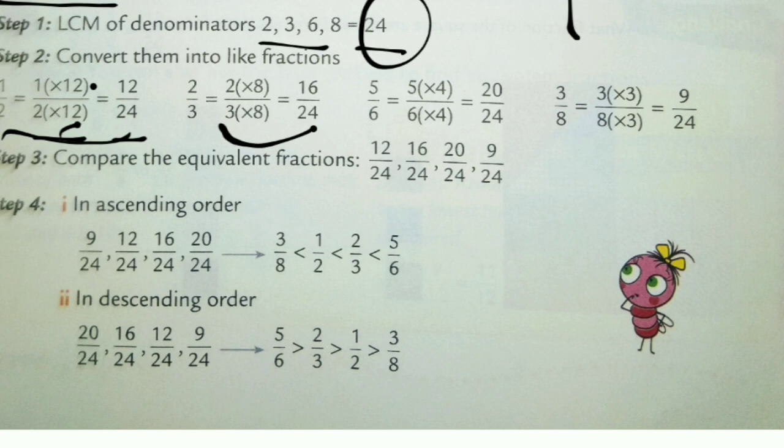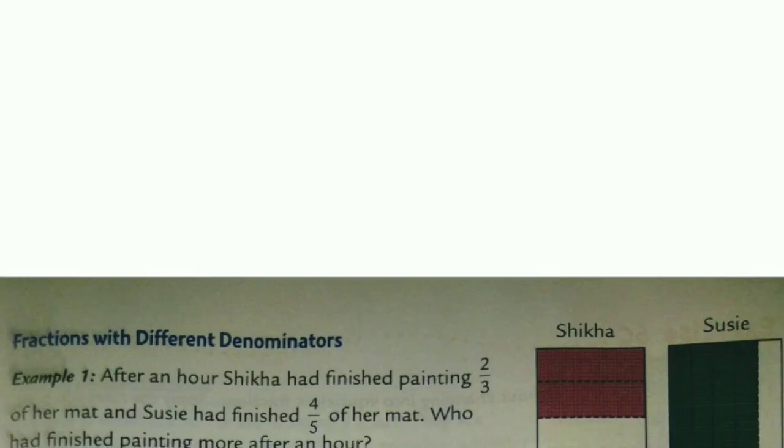Same here, what number do we multiply by 6 to get 24? So we multiply by 4. Same number with the numerator. And the last, what number do we multiply by 8 to get 24? So we multiply by 3. So we get 24.